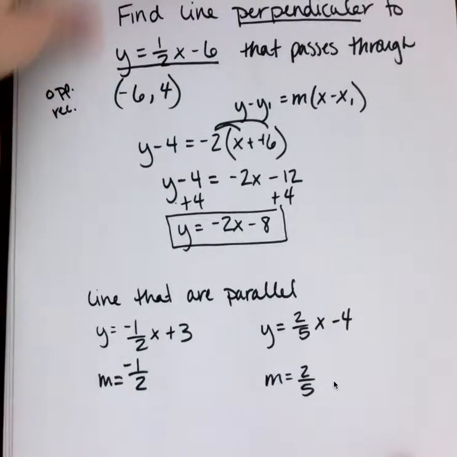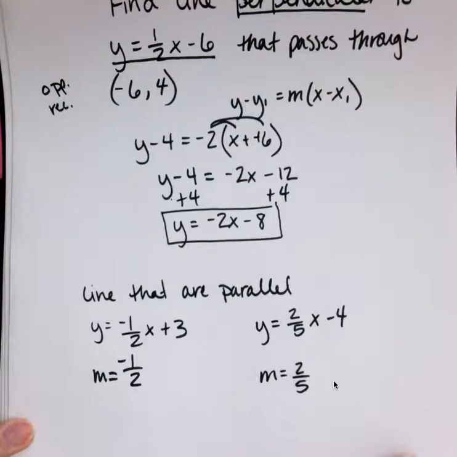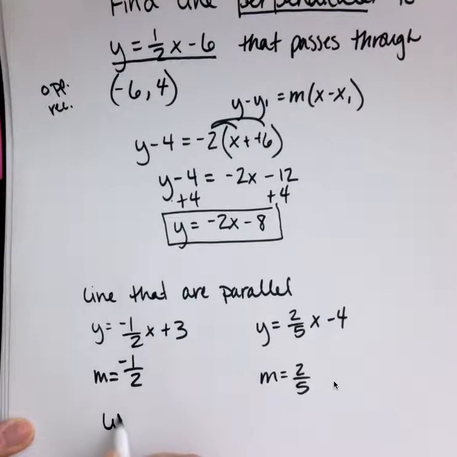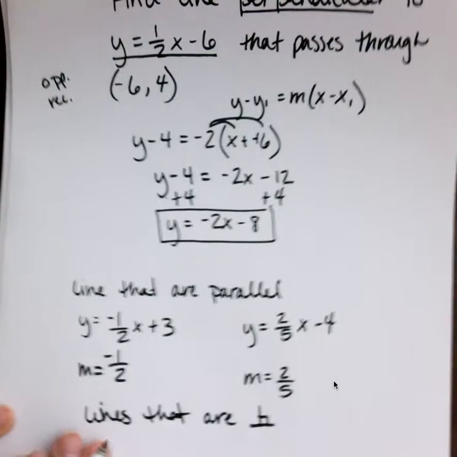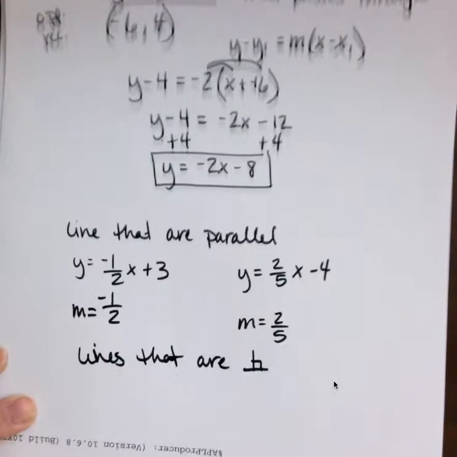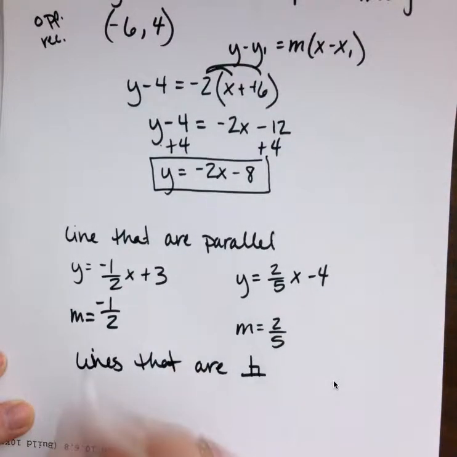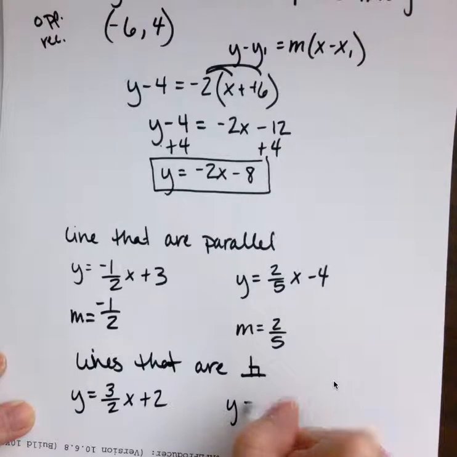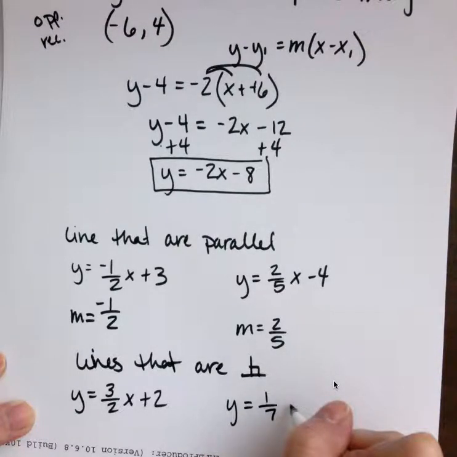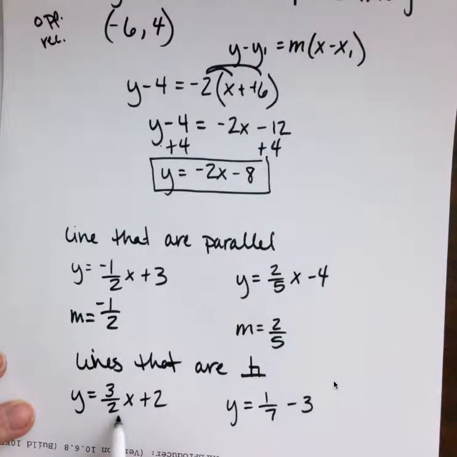All right, and if I needed to find lines that were perpendicular, if I have y equals 3/2 x plus 2, and y equals 1/7 x minus 3. If I needed to find the slope of a line that is perpendicular to this line here, again, remember it's that opposite reciprocal.